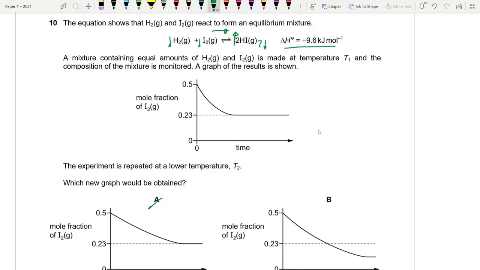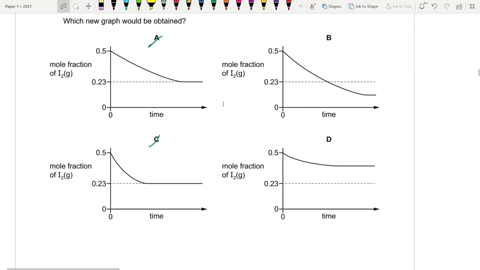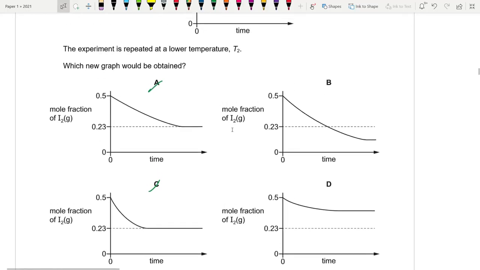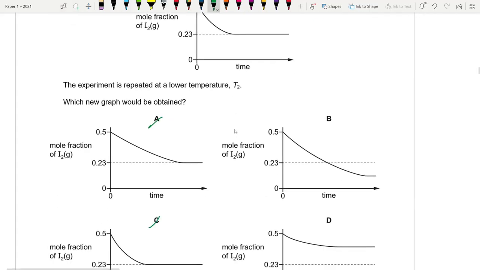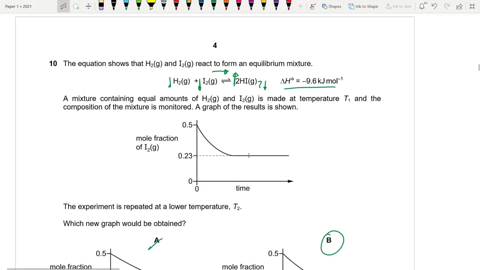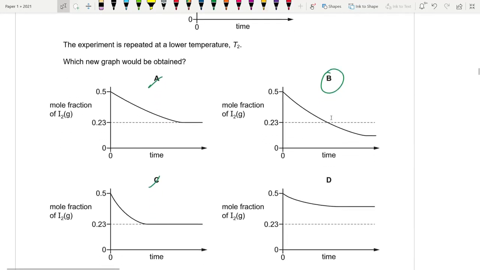Basically, we need to ensure that compared to before, iodine drops to a lower value and the steepness of this graph will be less. So the only option where iodine drops to a lower value is B. And as you can see, it's less steep because temperature has decreased, so the rate has decreased. Hopefully you understand. And if we repeated this at a higher temperature, what would the answer be? The answer would be D, alright?